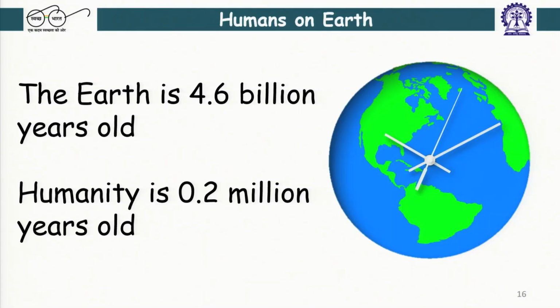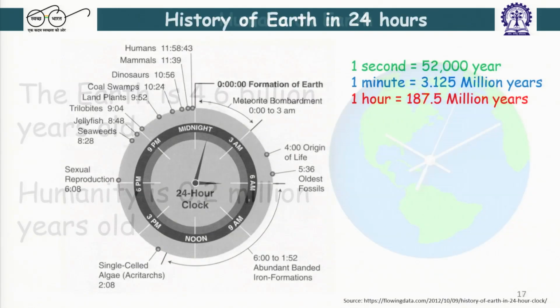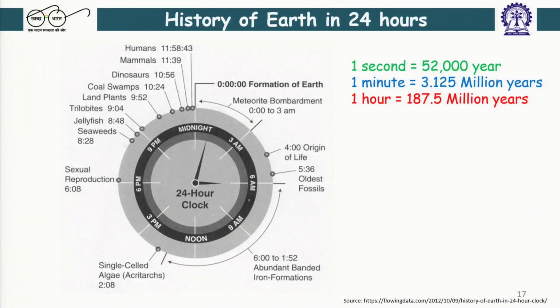Let's say it is only 4.6 billion years old. And humanity, the Homo sapiens, the humans as we know each other, is around 0.2 million years old. So that's what humanity is, 0.2 million out of 4.6 billion. So our existence on this planet is very, very small.